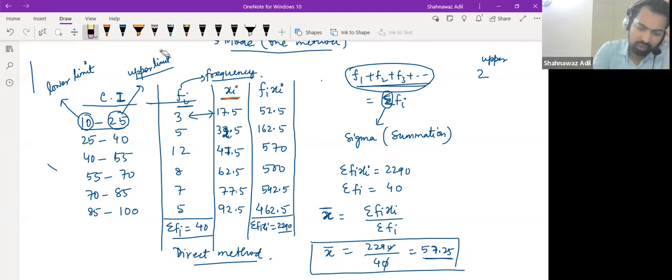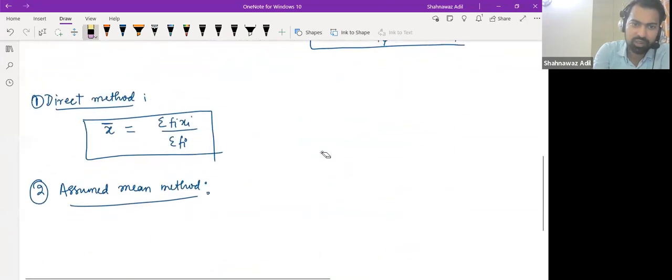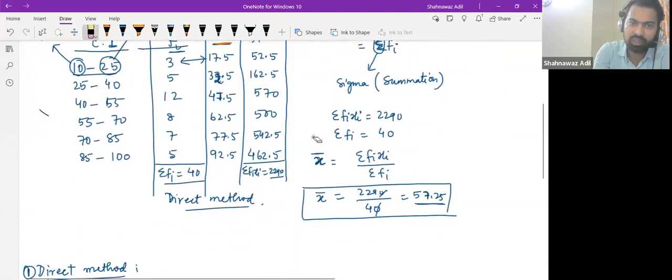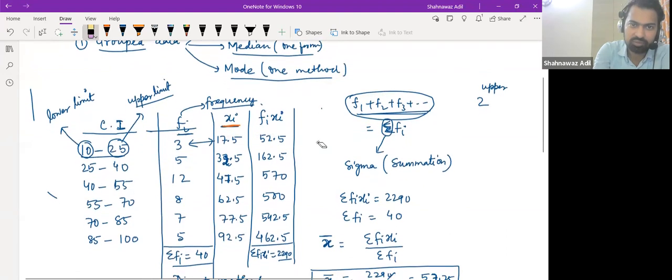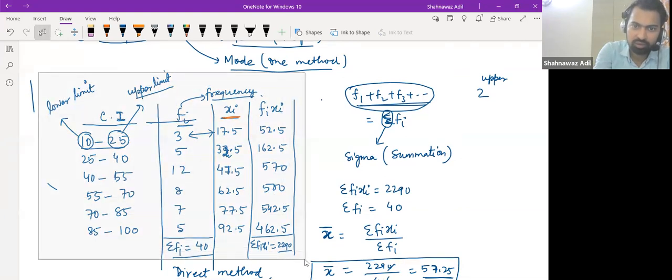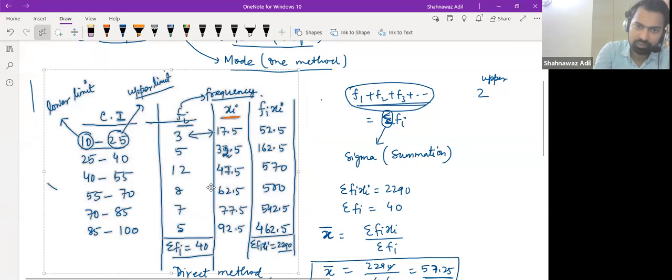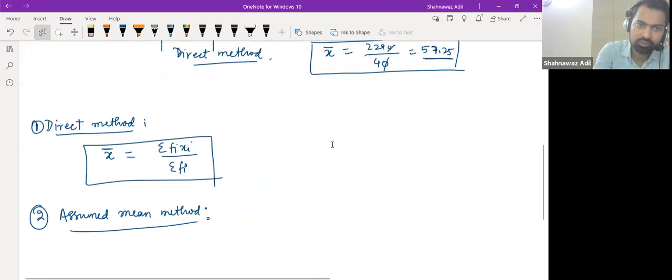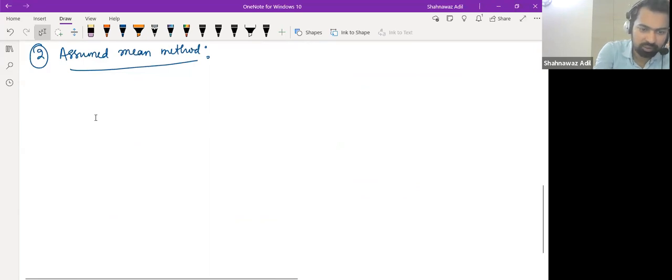Noted. Okay, yeah, this part is good. So now let us understand the other method, which is the assumed mean method. Let me copy this one.